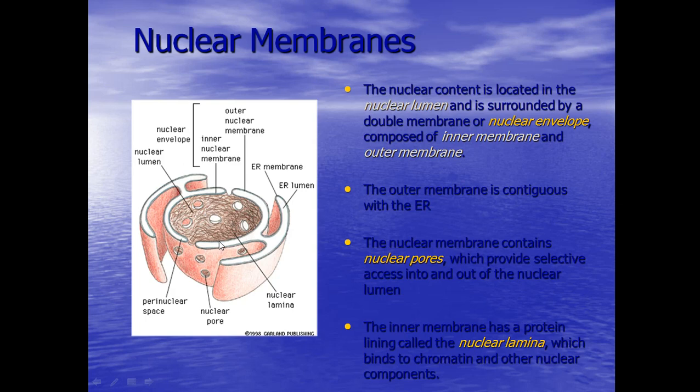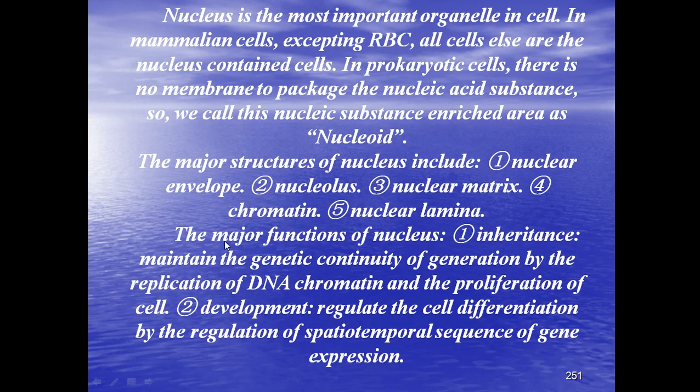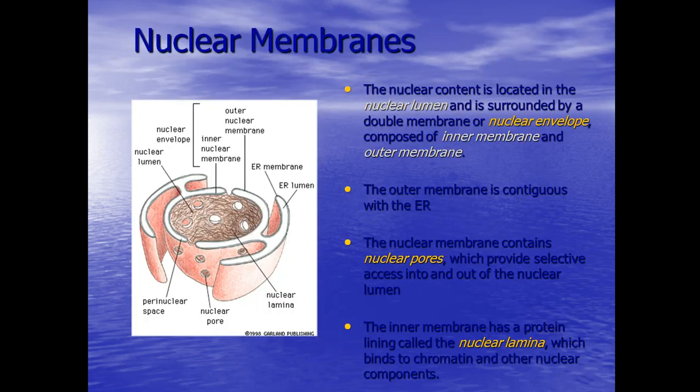But on the inner wall of the inner membrane, there are two membranes, the outer membrane and the inner membrane. On the inner wall of the inner membrane, you can see a network of intermediate fibers, and they are forming the lamina of the nucleus, or nuclear lamina.